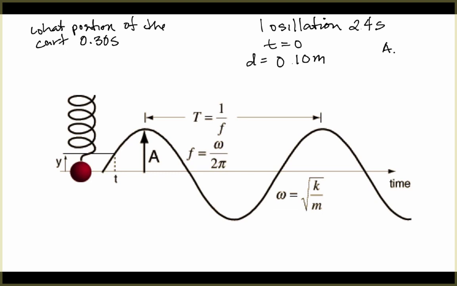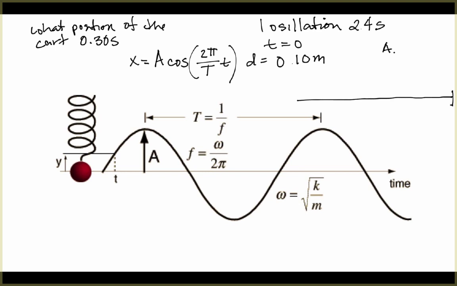And so what we can use here is the equation x equals a cosine of 2 pi big T over little t. Let's draw this out.